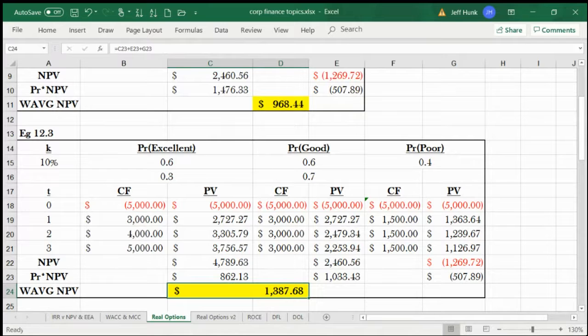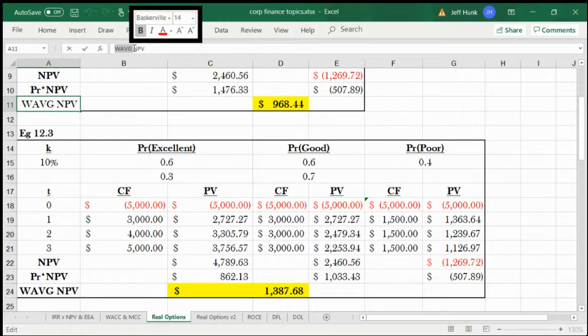Okay, so that is how you would do it in Excel. This is the way I set it up. It can be set up differently. Also, I can call this expected net present value.